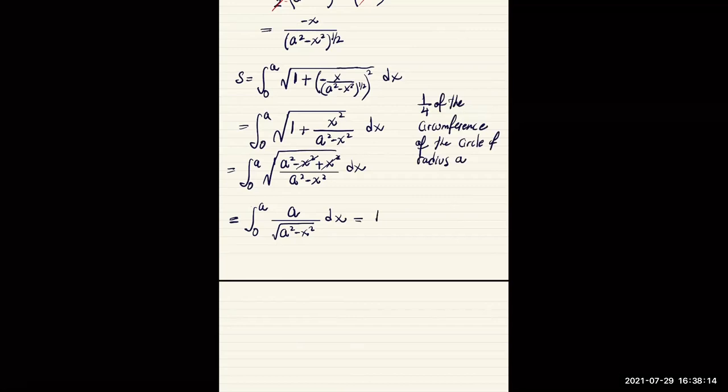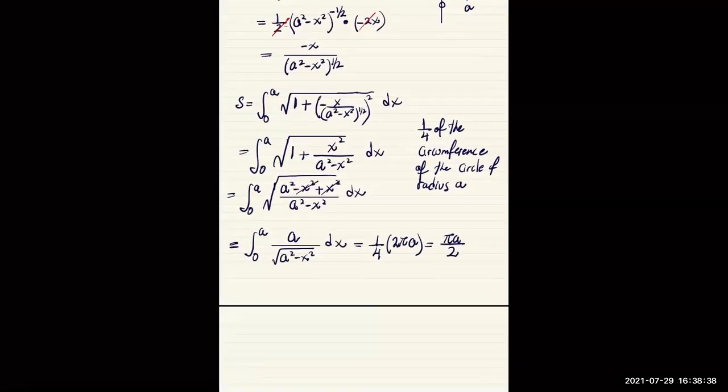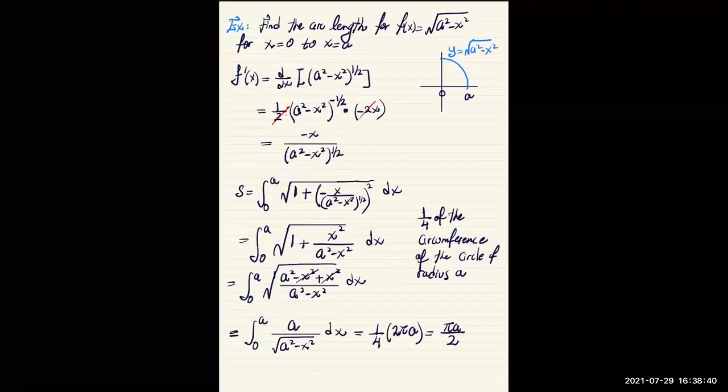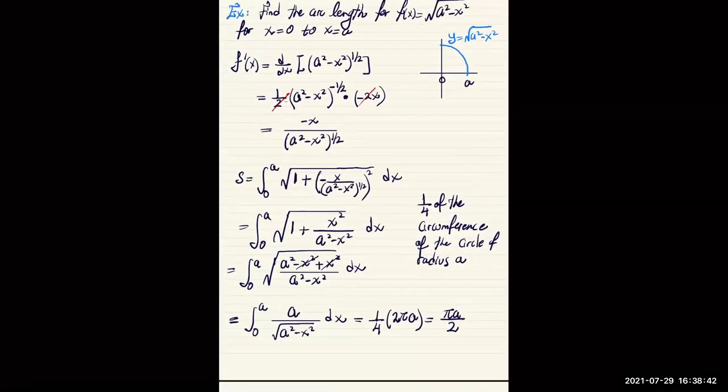So 1/4 times 2 pi, where the radius here is a. That gives us pi a over 2. You see how easy it was solving that integral? Pi a over 2. Isn't that cool?